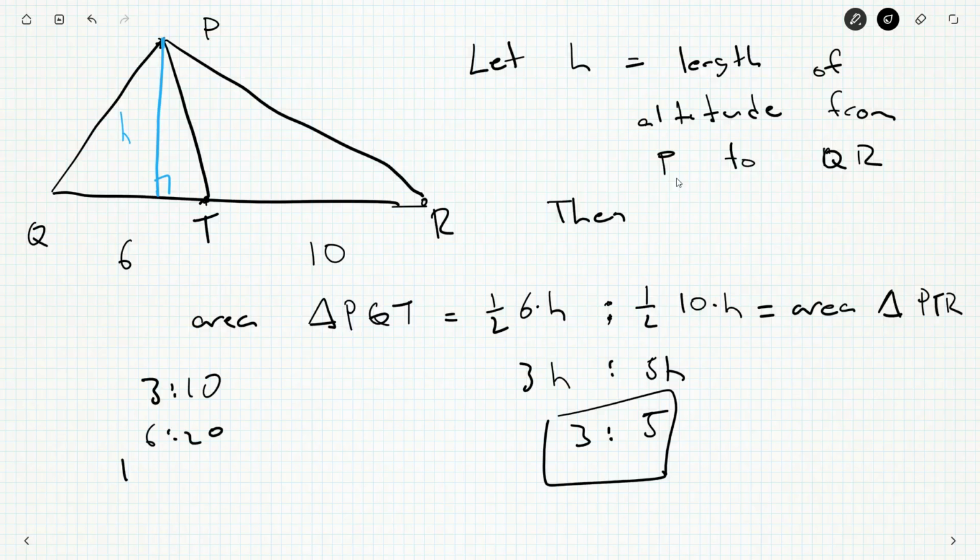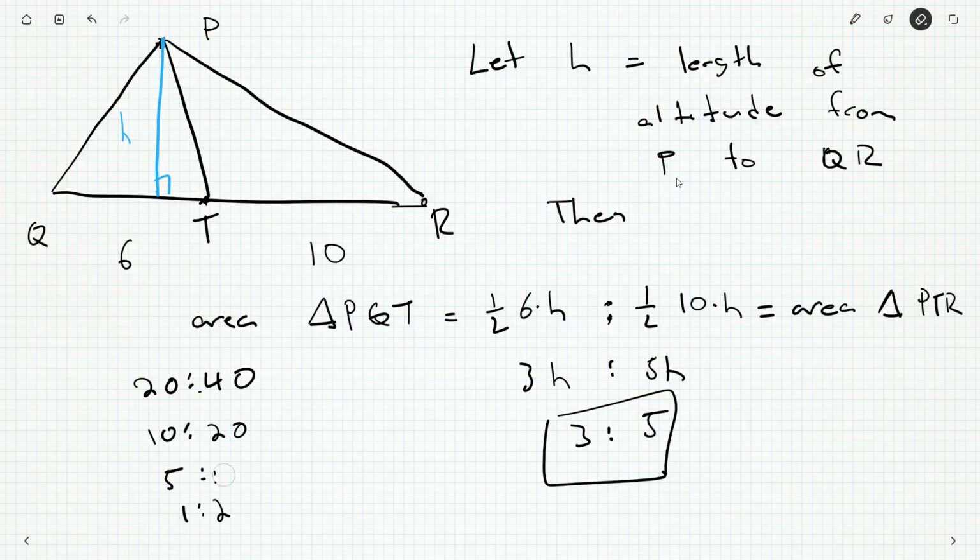And you can say things like 20 to 40 is the same as 10 to 20, or the same as 5 to 10, or 1 to 2. Dividing by the same number on both sides counts as well. Not adding. Adding won't keep the ratio. Subtracting won't keep the ratio. Squaring won't keep the ratio. It's very specific and particular.